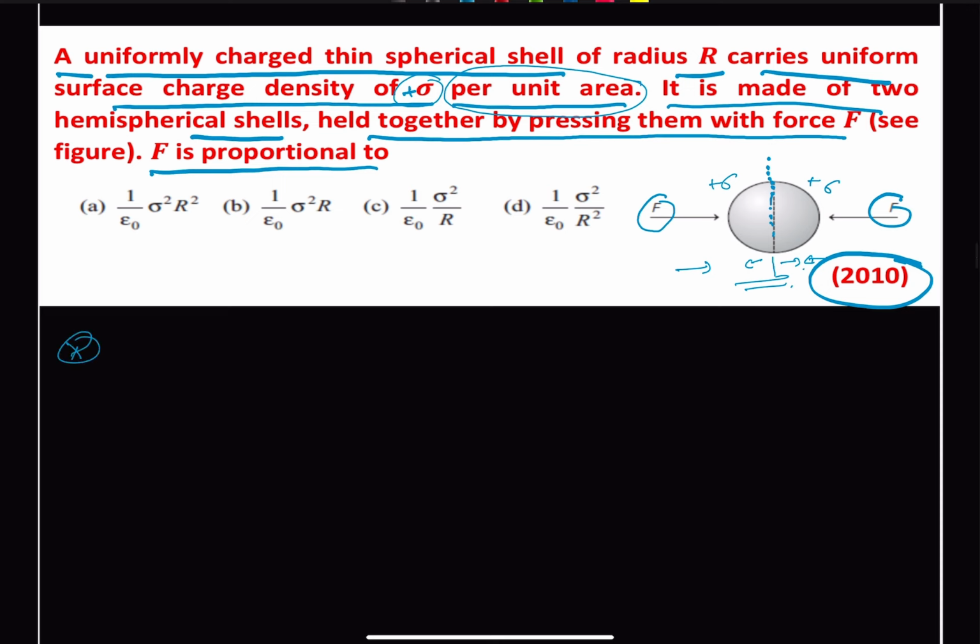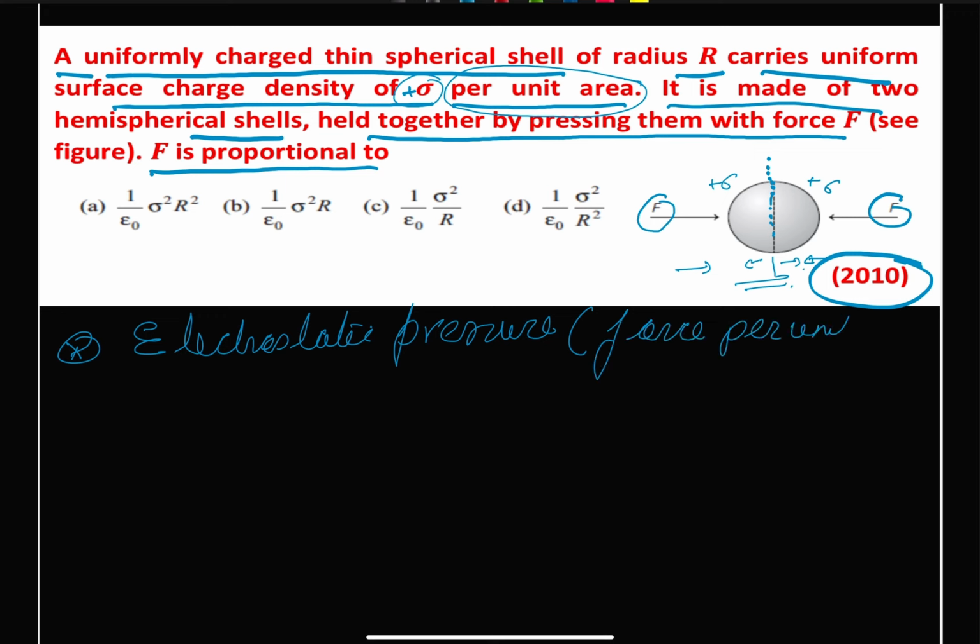The electrostatic pressure, which is nothing but force per unit area, that is P, will be equal to sigma square divided by 2 epsilon naught, and this will be acting outwards in this direction.